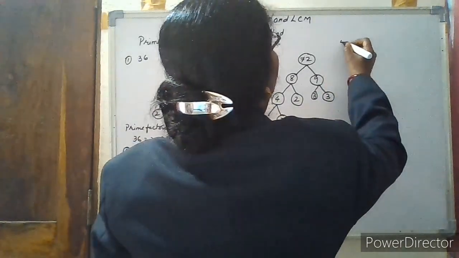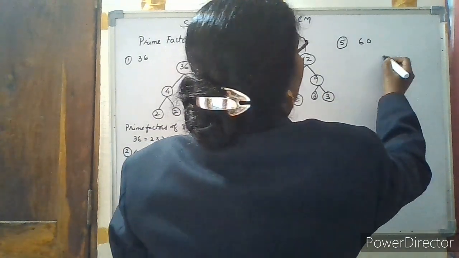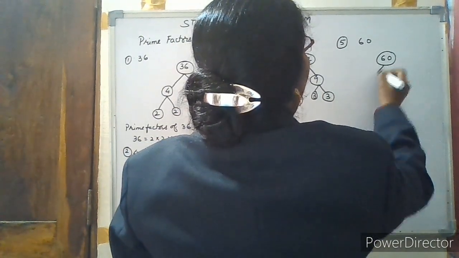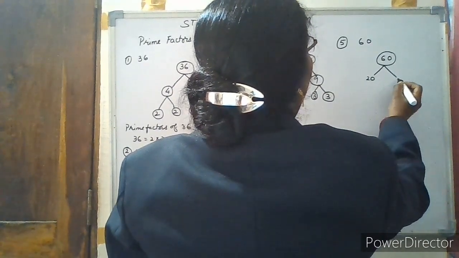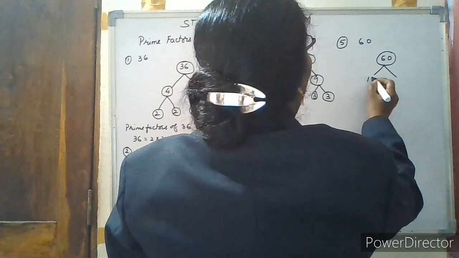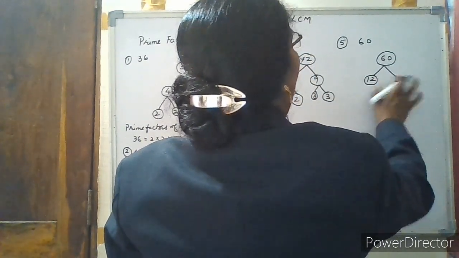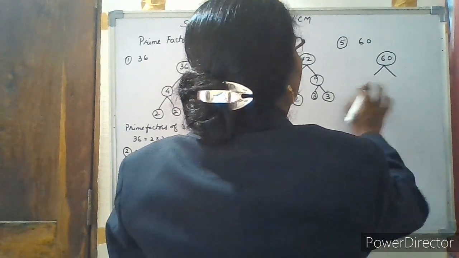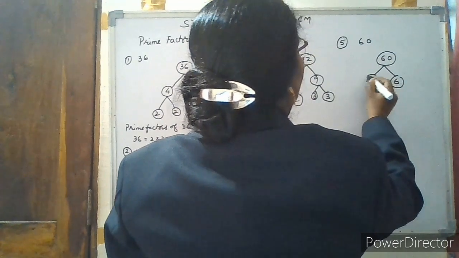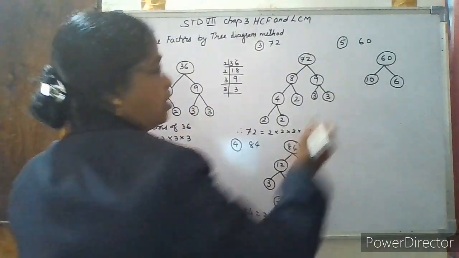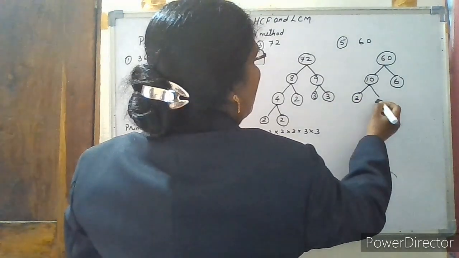Another example, suppose I take 60. Write 60. 2 thirties, or 12 fives are 60, or we can take any; we can take 10 sixes are 60. 10 can be factorized as 2 fives are 10.